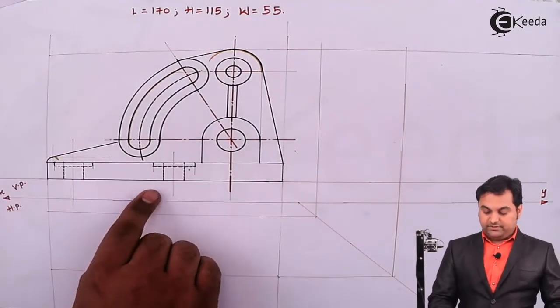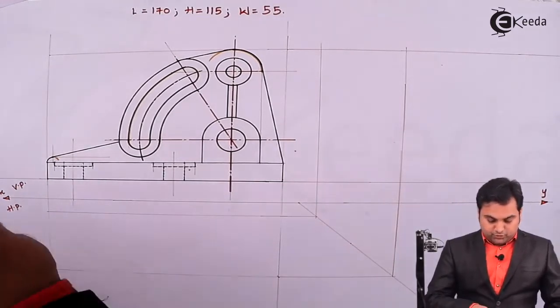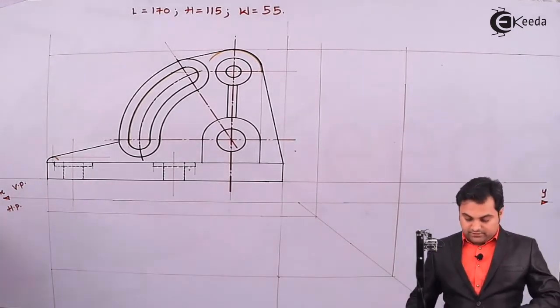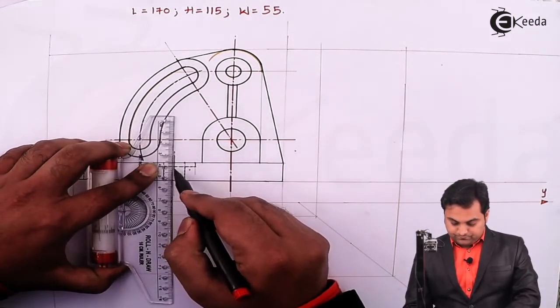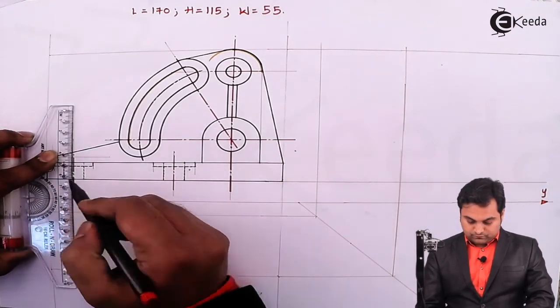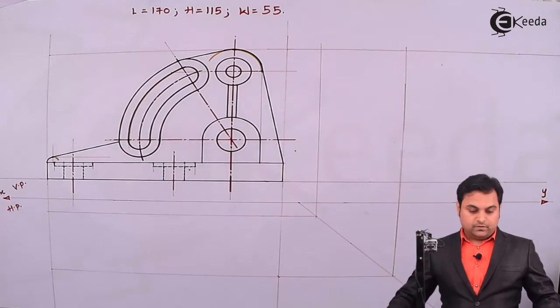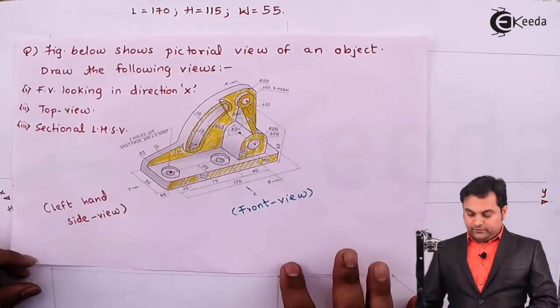So these are the hidden holes and the spot face. It should be drawn in this way. Then I'll mark the center lines for them. So here is the complete front view.